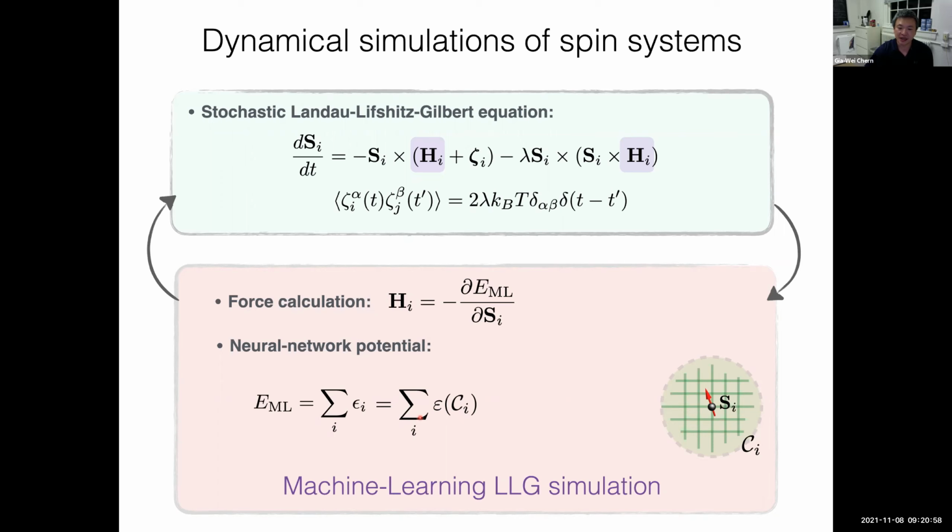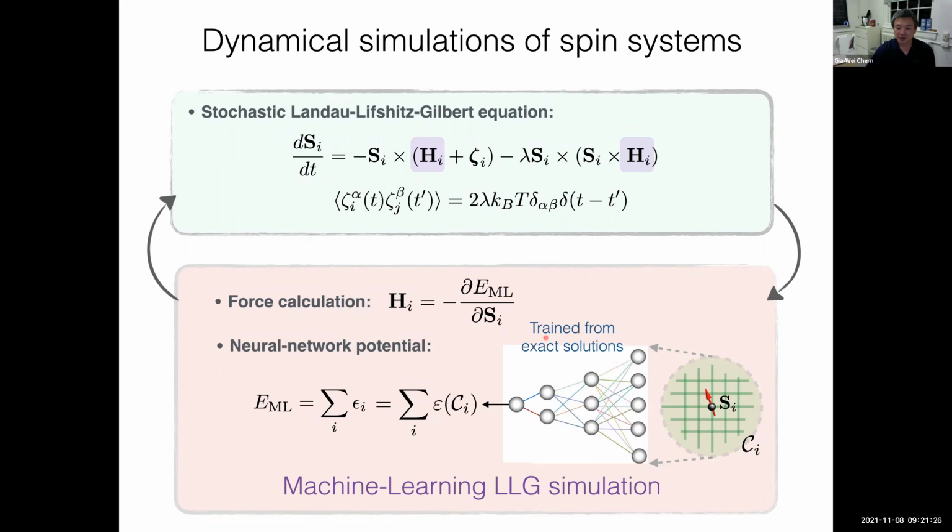To implement this universal function, we use a neural network, which means we fit the neighborhood configuration around this spin Si into a neural network. And then the output of this neural network is this local energy, right? So that means that this universal function is sort of encoded within this neural network.